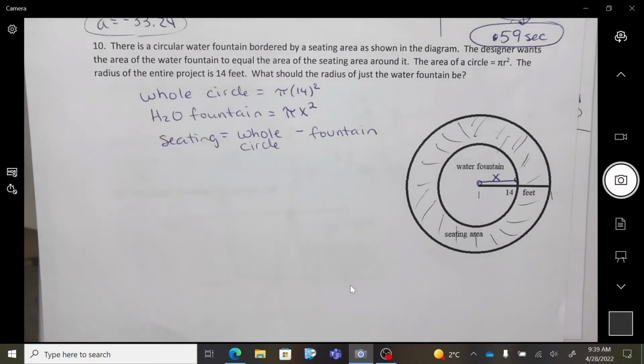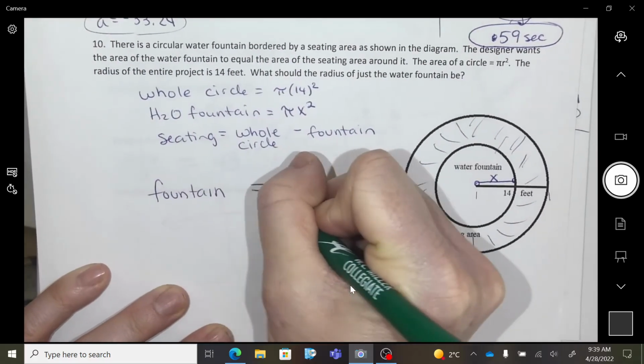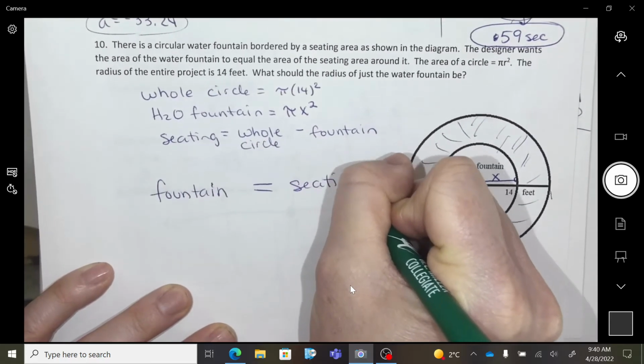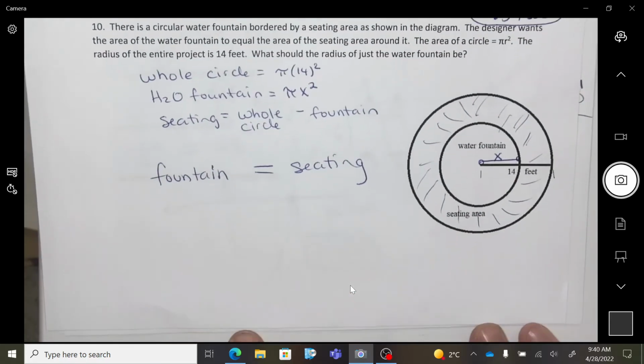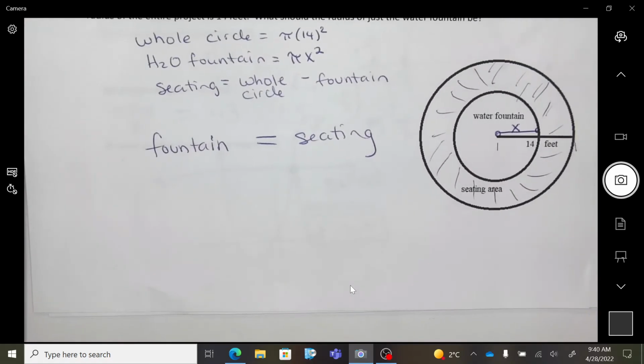Okay, so I want the water fountain area to equal the seating area. That's my goal, to get the fountain area to equal the seating area.